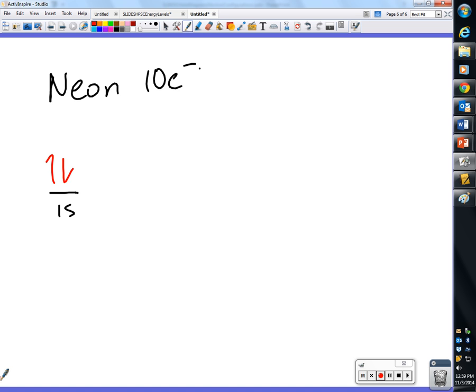It can hold 2 electrons. The second orbital that needs to get filled up is the 2s orbital. It holds electrons 3 and 4. Next, 2p. Now, this is the part. If you turned it in on the test, I would not be able to tell whether you did it this way or not.